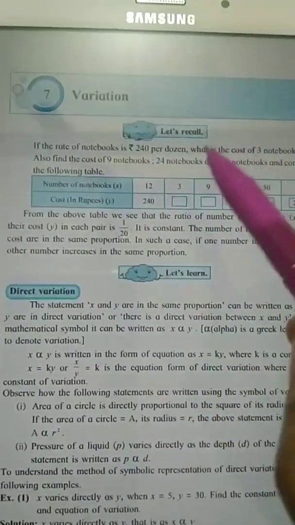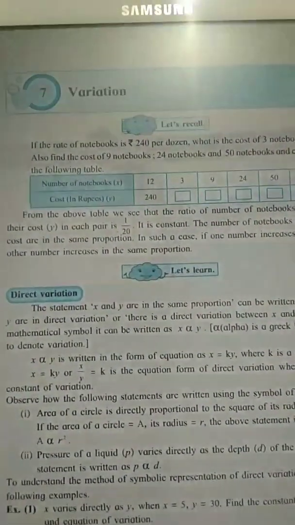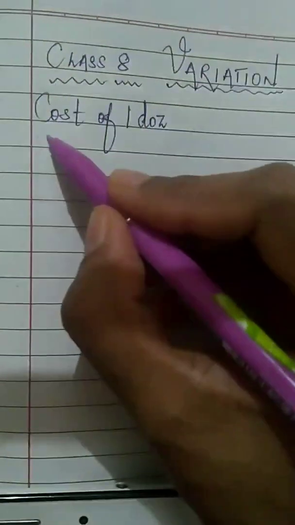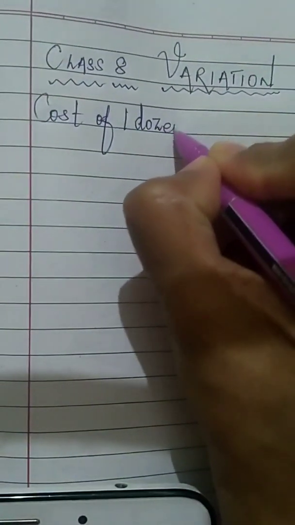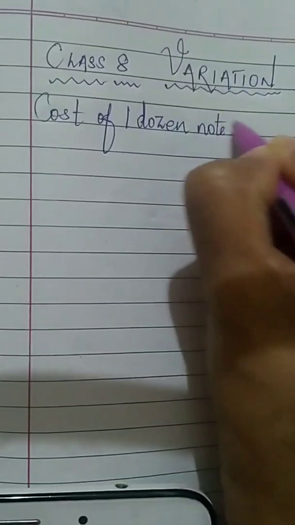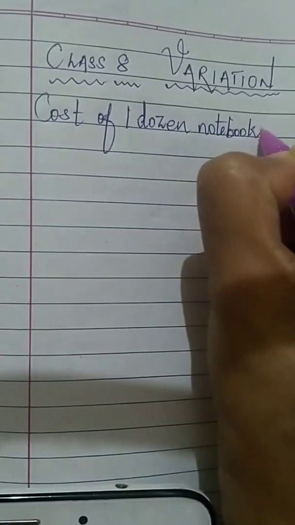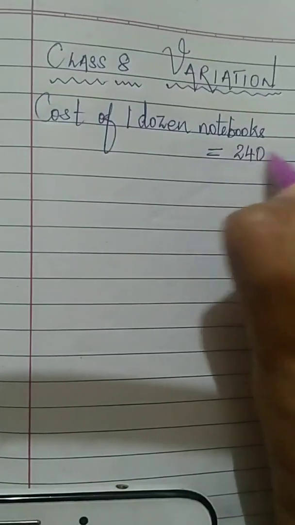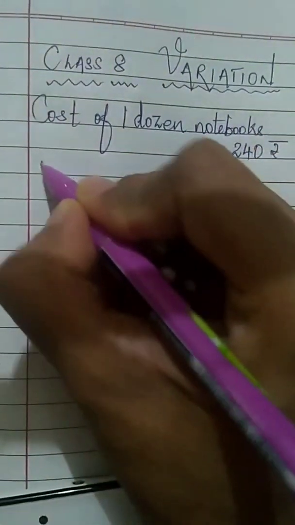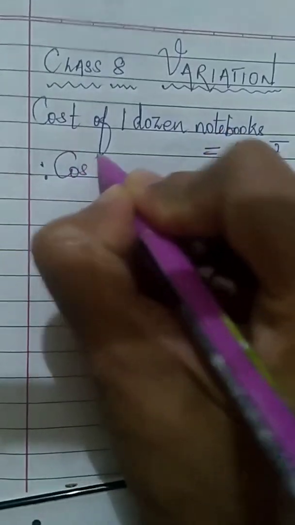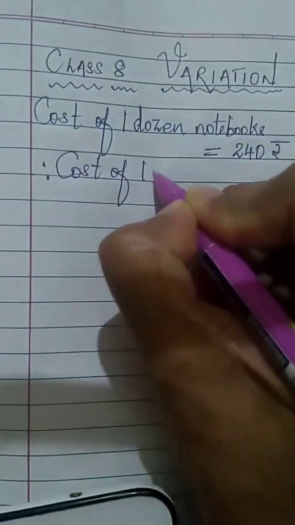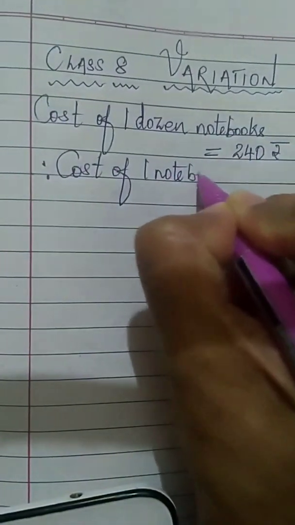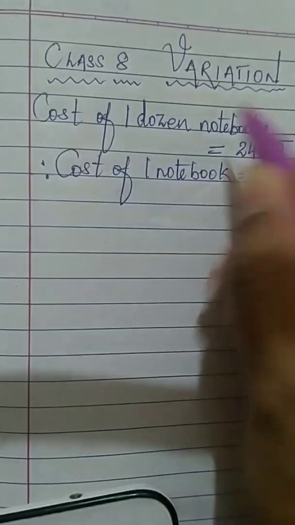So, how will we solve it? Simple maths if you apply. Cost of 1 dozen notebooks was 240 rupees. Therefore, cost of one notebook: in 1 dozen, there are 12 notebooks.